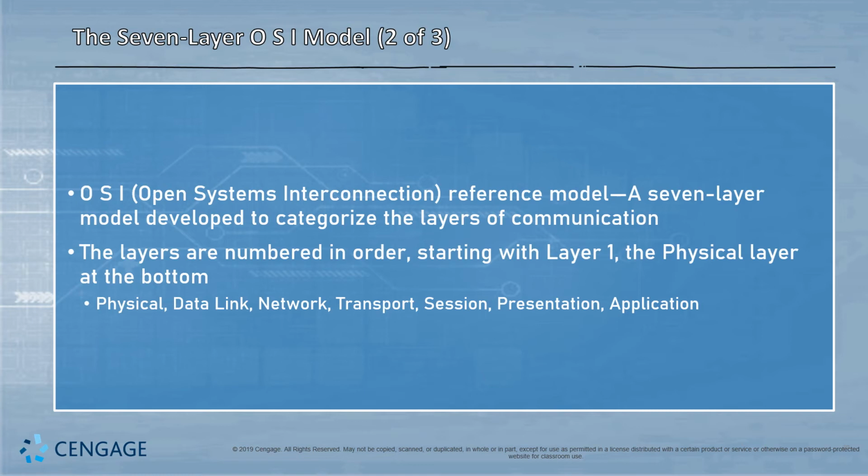and application. Now in the TCP/IP model, which is closely related to the OSI model, we combine a couple of these different layers. Physical and data link are combined to talk about what's called network access. Session, presentation, and application are merged together in order to talk about the application layer. That's because the functionality of those different groups tends to be very closely related when we're talking about TCP/IP.